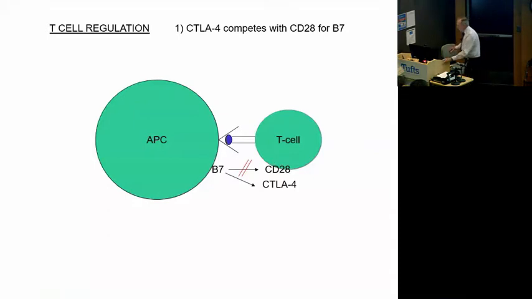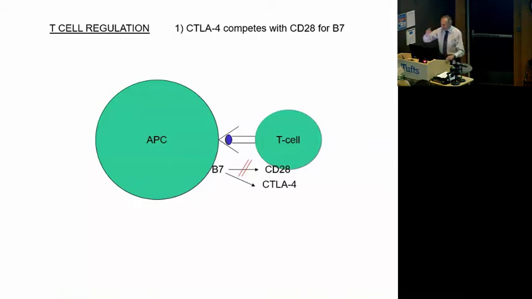I'm showing you an antigen-presenting cell presenting blue antigen to a T cell. Now it makes IL-2 and IL-2 receptor and all that sort of thing. And you remember this interaction of B7 with CD28. You remember that? Please say yes. After a while, the T cell is so activated, it wants to turn off.